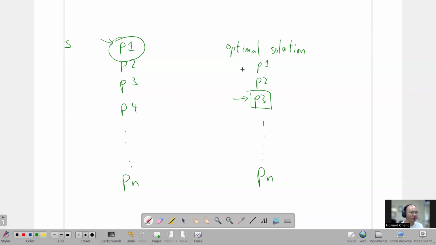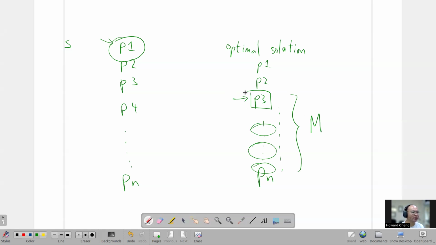So the optimal solution decided not to do the first problem, but to do problem 3 first, and then the rest of it. It will do a bunch of other problems. Let's say it does M problems. So the optimal answer is M for the number of problems it can do, and it decides that it does P3 first.